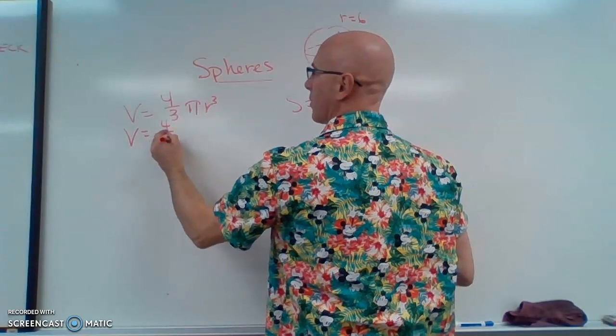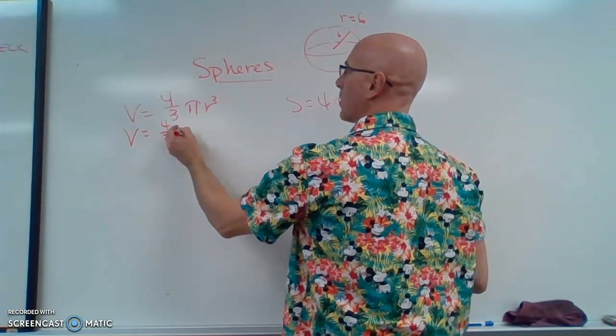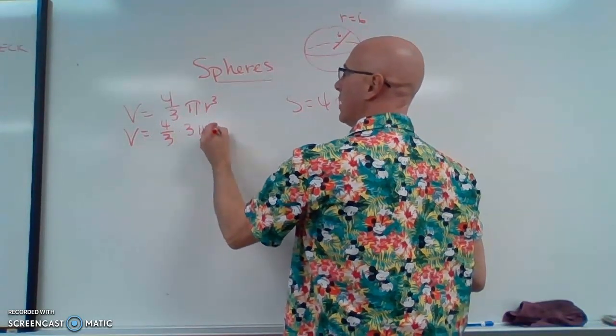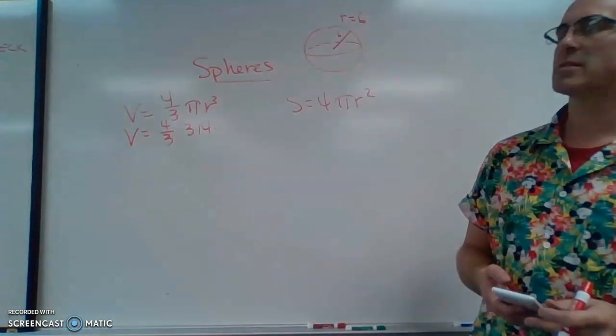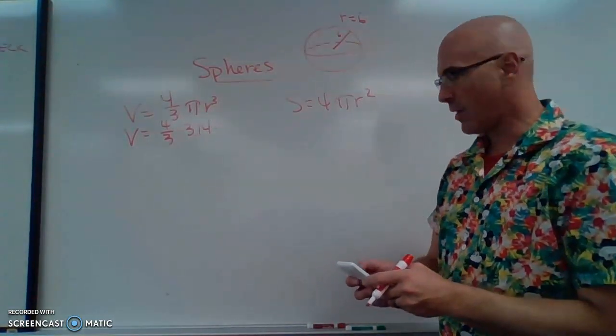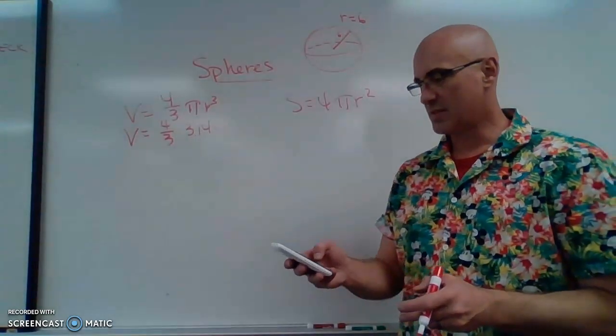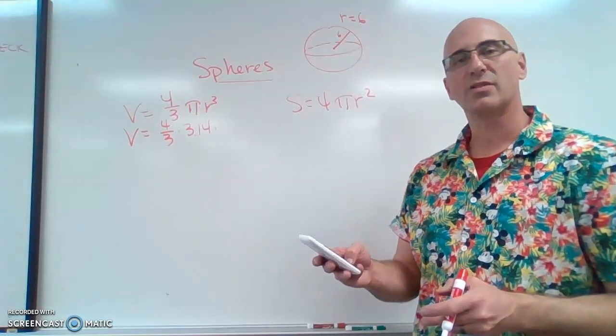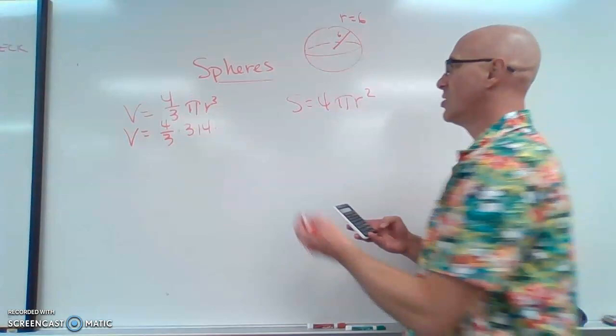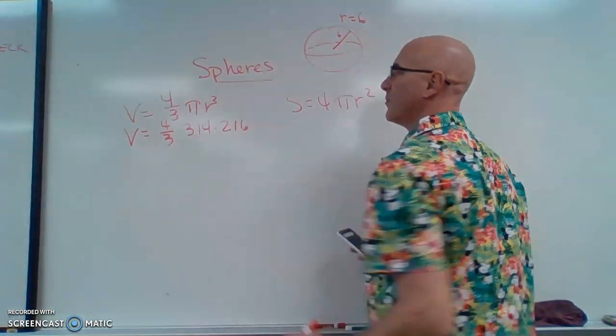Volume equals 4/3 times pi. We're going to use 3.14 times the radius cubed. So if my radius is 6, 6 times 6 times 6 equals 216.